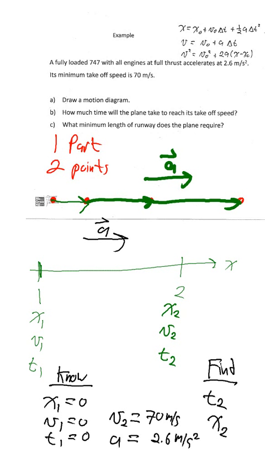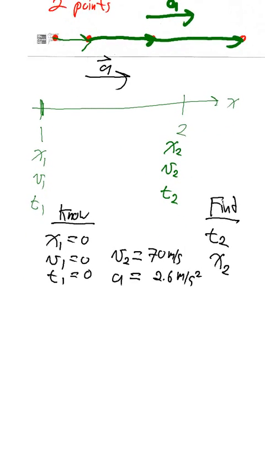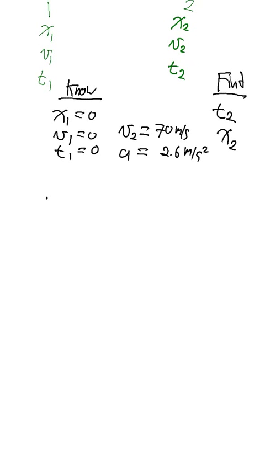Alright, so let's move the paper up a little bit so we've got some more room to work, and we'll figure out which of the kinematic equations that are at the top there we're going to be able to use. First of all, to find the time, and then second of all, to find the final position. Alright, if we want to find the time, we need to use one of the equations that has the time.